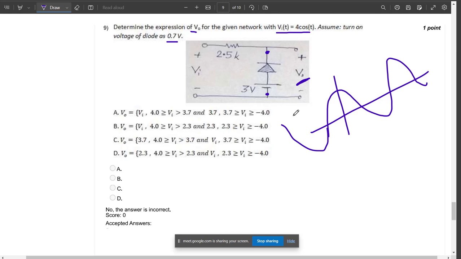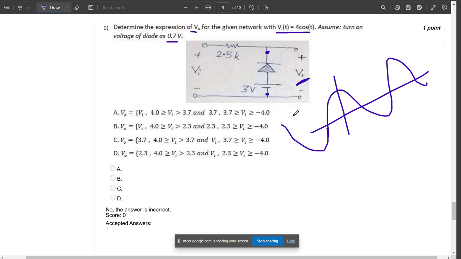Okay, so tell me, how did you solve? Ma'am, the correct option will be B, because if the voltage is high enough, the diode will be reverse bias, and if it is reverse bias, then output is equal to input. Correct. Now we just have to find the threshold at which it will get reverse bias.